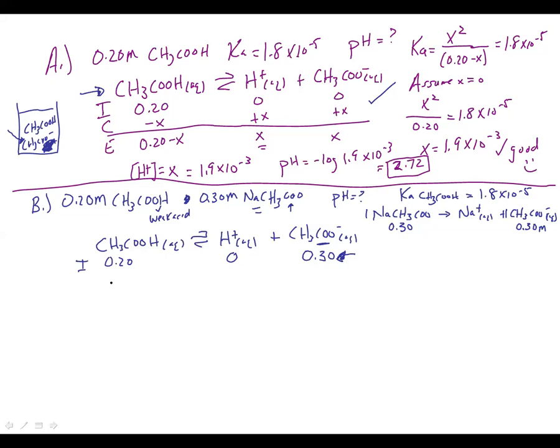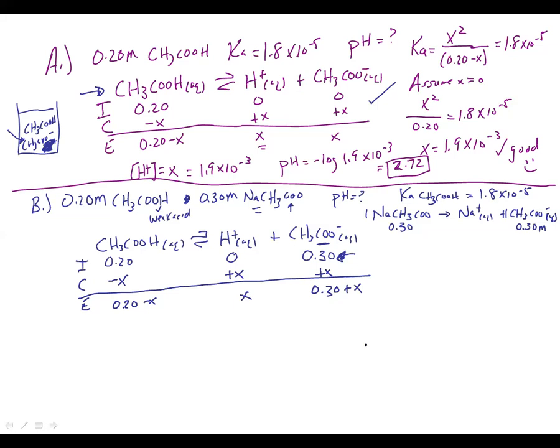Now, the rest of the table is pretty much the same. This could be minus X. This is going to be plus X. This will be plus X. This means that when we get to equilibrium here, we have 0.2 minus x, 0.3 plus x. Any questions on the table and how it's different?